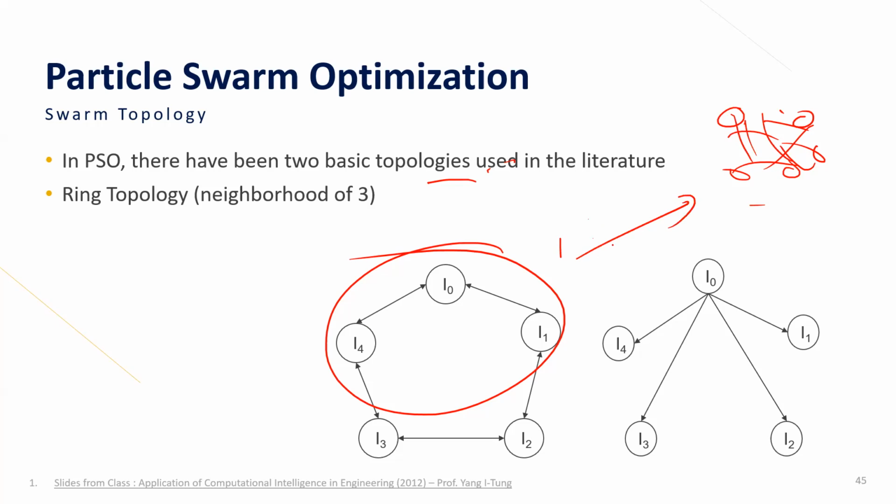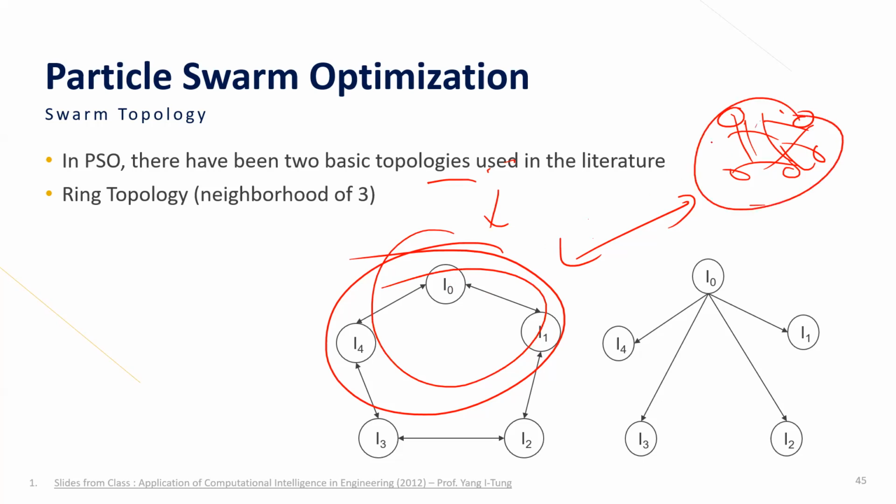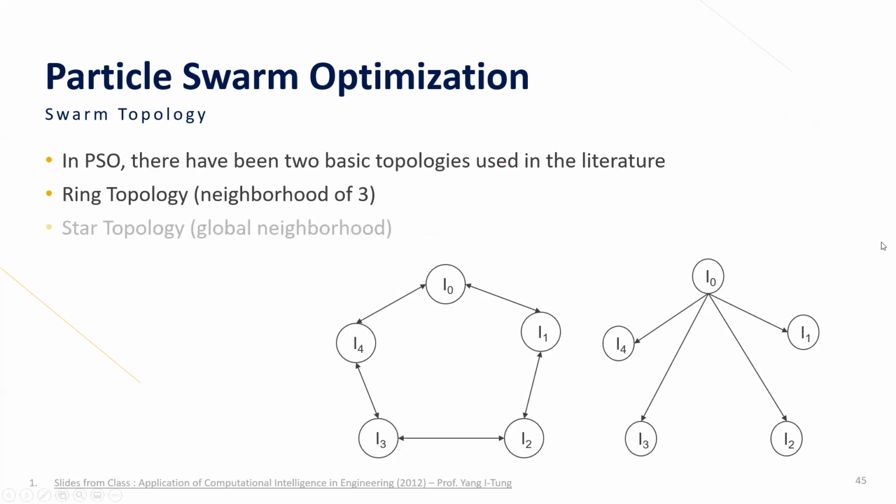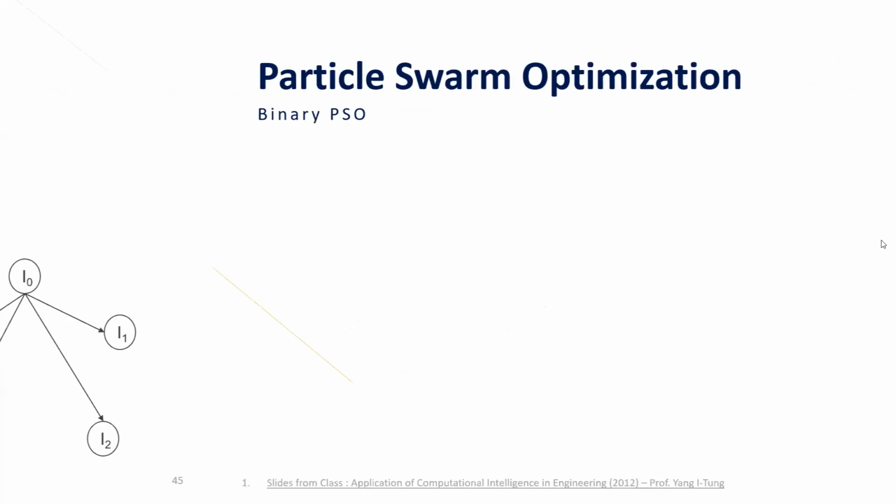You will not use an analytical tool, or prove this using some mathematical formula. Normally you will experiment with this: how many best solutions it can find using this configuration, and what is the average of the solutions it can find, something like that. We will use experiment to answer that. Okay, star topology and stuff.